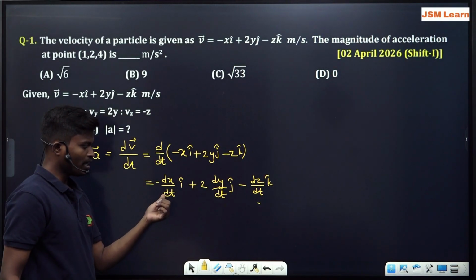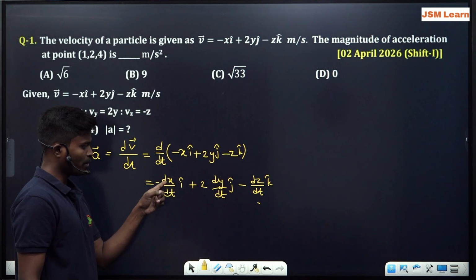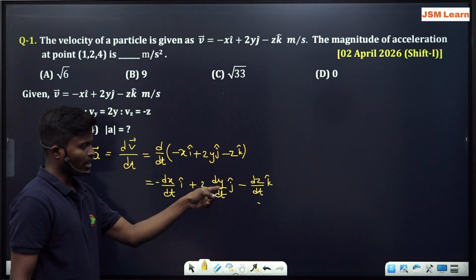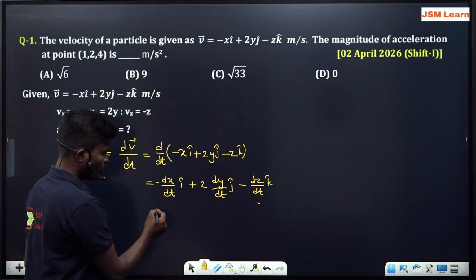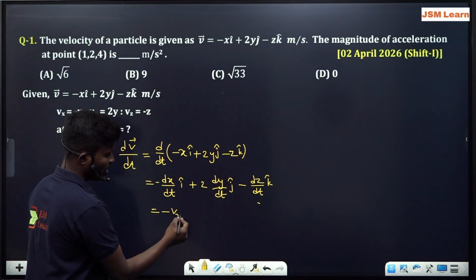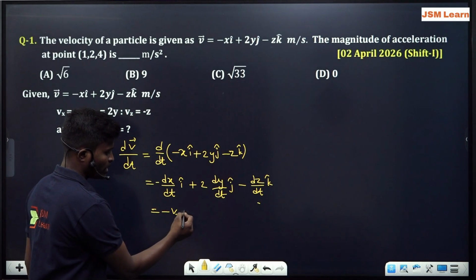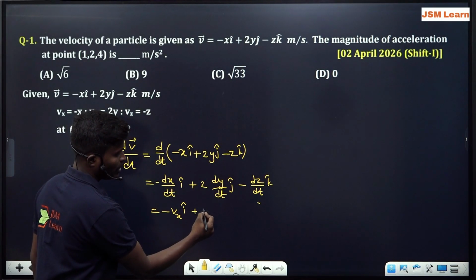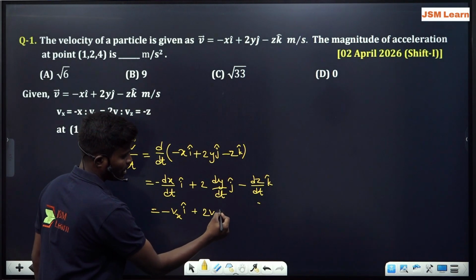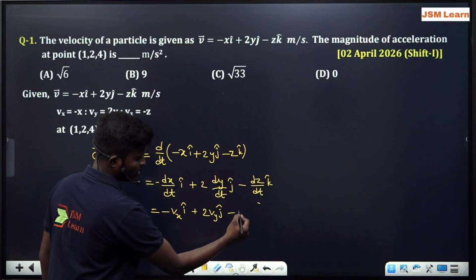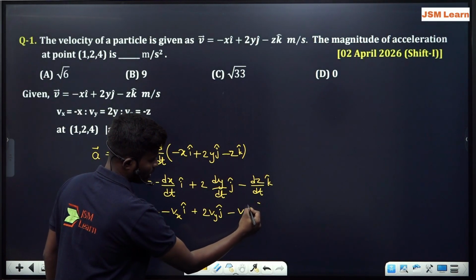So dx by dt is nothing but rate of change of displacement in x direction, here in y direction, here in z direction. So we can take it as -vx, because rate of change of displacement is velocity. So -vx i cap + 2 into vy j cap - vz k cap.